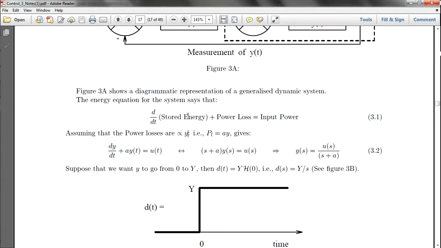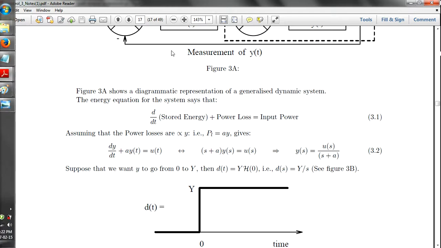Stored energy is some term to describe maybe the distance or whatever, but it's a measurement of the amount of things inside. So maybe some height, maybe some x or whatever. But nonetheless, plus power losses. So power losses may be some unknown. So input power can be associated with these things in the output.